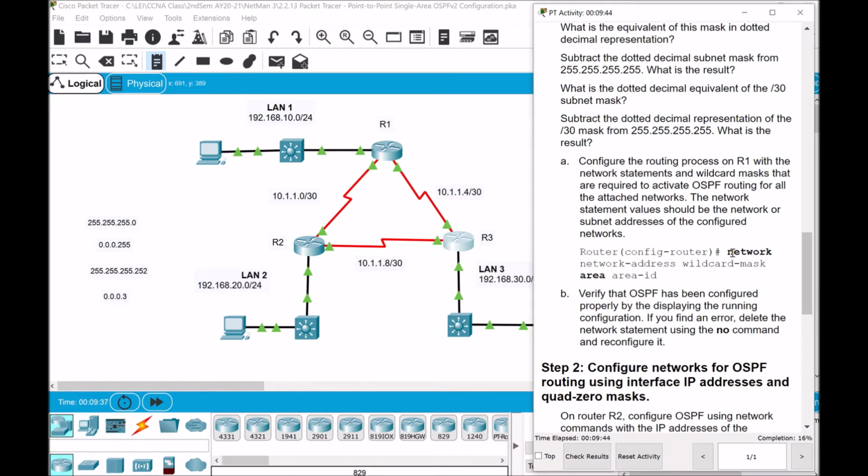Our syntax for the command is network, then specify the network IP address and the wildcard mask, type in area, and then the area ID. By default, the area ID we are using is always 0. So we'll be using area 0.